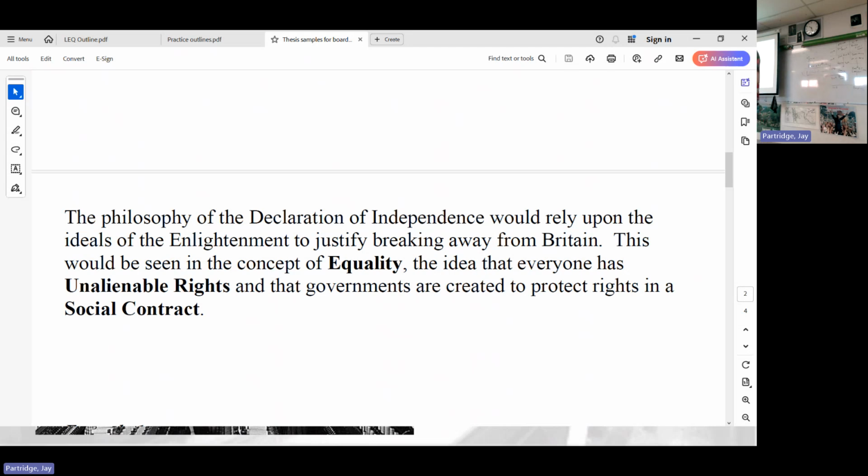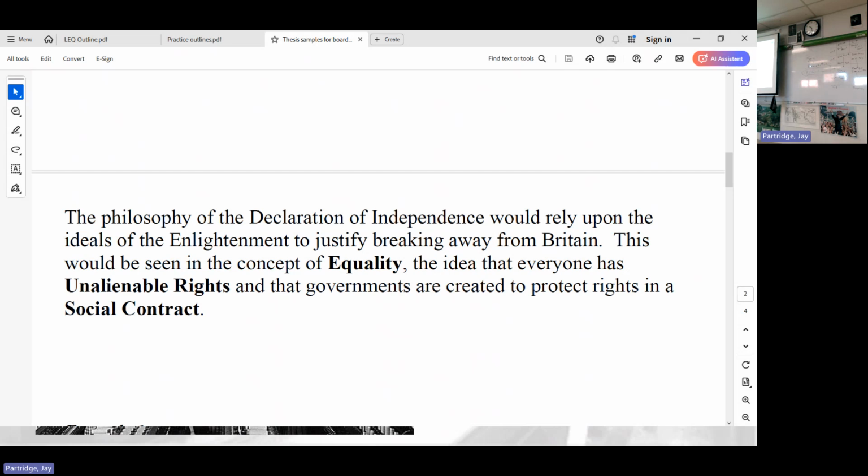It would have been stronger if I would have put 1776 or something, but I didn't. And the ideals of the Enlightenment, that is my why. All of those enlightened ideals. I could have put political or I could have put economic for why, but I put down enlightenment. So I just kind of connect the A, B, and C back to the Enlightenment ideas of the Declaration of Independence.